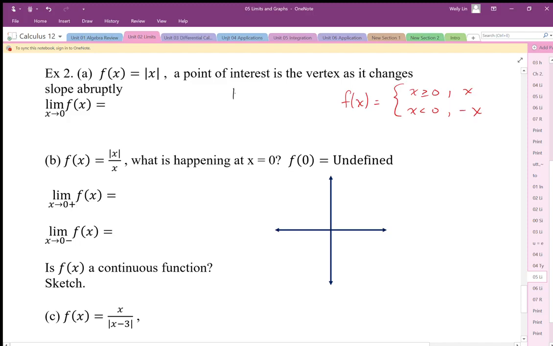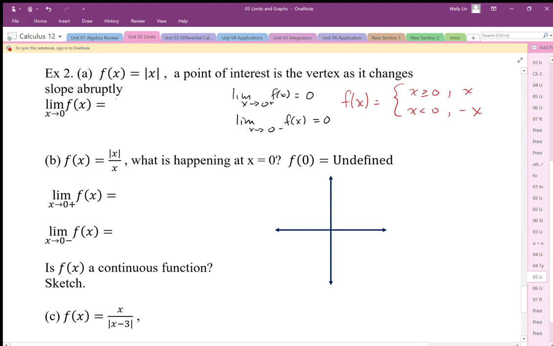So we'll do the limit as x goes to 0 from the positive side of f of x. Okay, so it's going to be this graph here, which is 0, and the limit as x goes to 0 from the negative side, we'll use this side of the graph, it's going to be equal to 0.